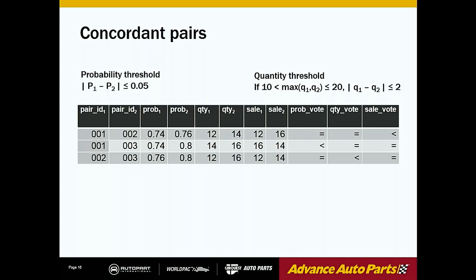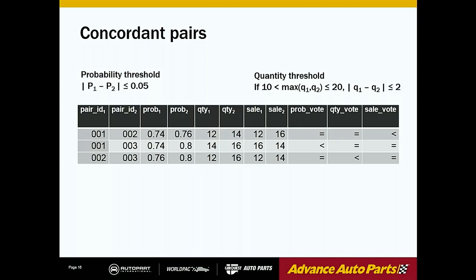Now the difference is bigger than the threshold, so the probability vote is less. Quantities here are 14 and 16, so the difference is 2, within the threshold, so the quantity vote is equal. Sales are 16 and 14, again within 2, so the sales vote is equal.